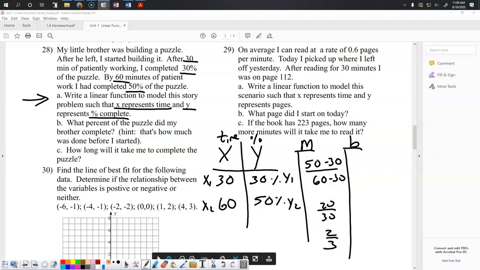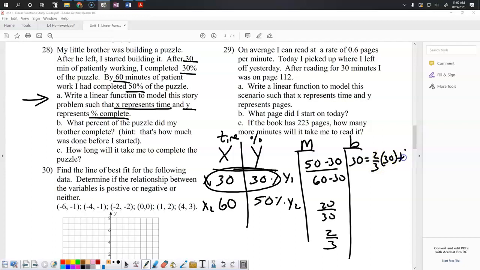Next, we want to find our y-intercept. So you're going to take one of your points, 30, 30. You're going to plug in the 30 for the y, you're going to plug in your slope, and you're going to plug in the 30 for the x into that y equals mx plus b formula. Go ahead and start solving for b. 60 over 3 reduces to 20.